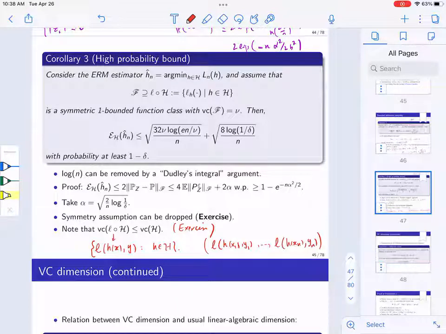So basically, classification with finite VC dimension classes works. Basically, that's the result. Okay, so you could do empirical risk minimizer or any class of functions H for which the VC dimension is finite, then you'd have this result.